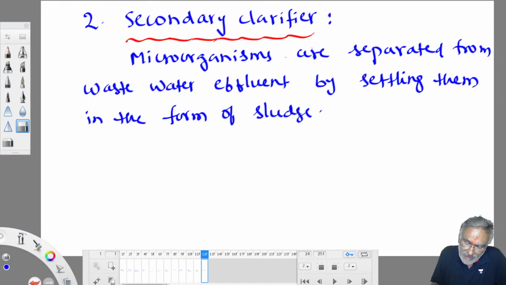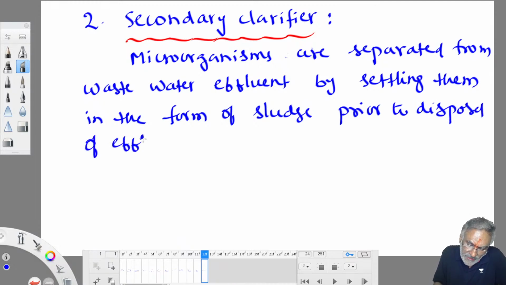Once they settle down as sludge, you can dispose of your effluents. For that purpose, we employ a secondary clarifier. That's all, nothing more.